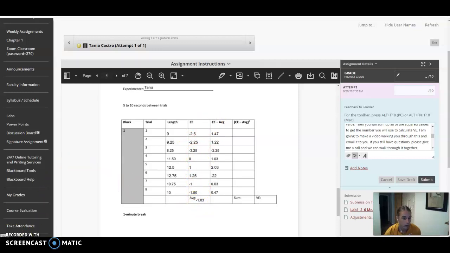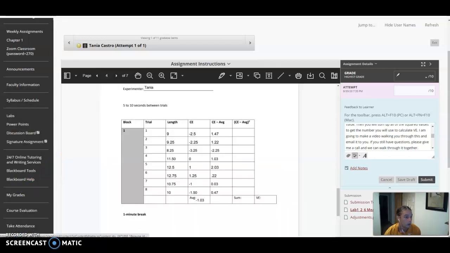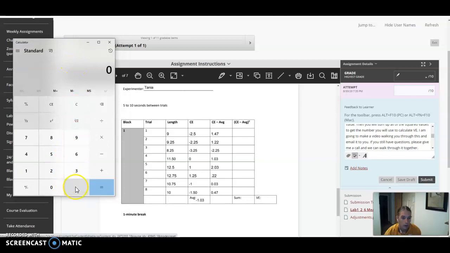So if we pull up a calculator here for us, and we'll make this calculator small so we can put it over here on the screen. So we're going to take this calculator here, and we're going to go -2.5, and we're going to subtract a -1.03, which gives us -1.47.